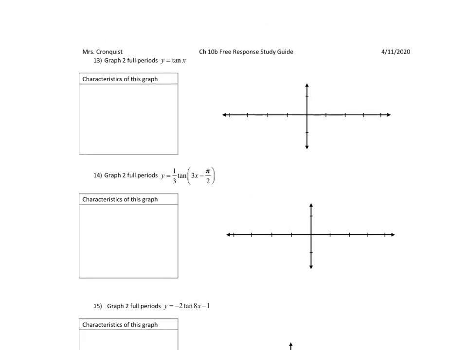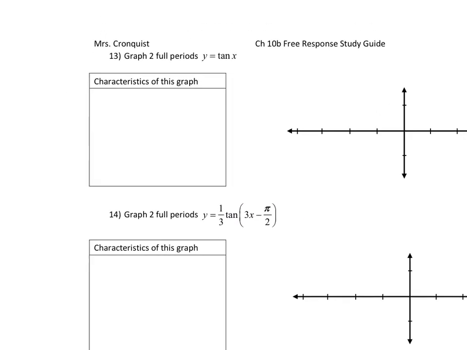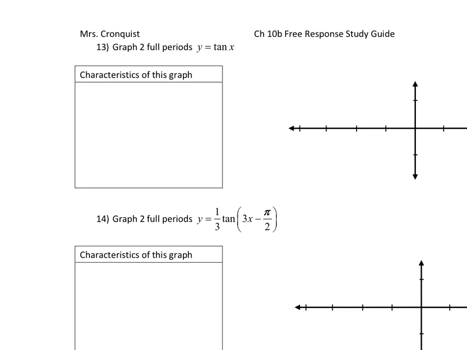Moving on to tangent. All right, a couple of changes. Remember, tangent has a period of pi, not 2 pi. Everything else is 2 pi. Tan and cotan are pi. All right, just trying to set up my board.